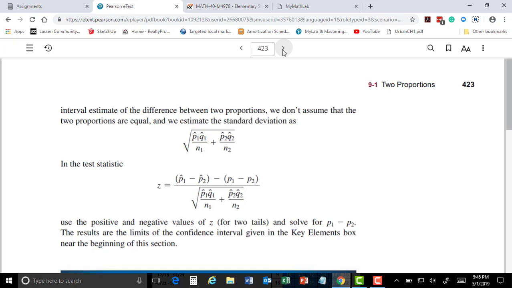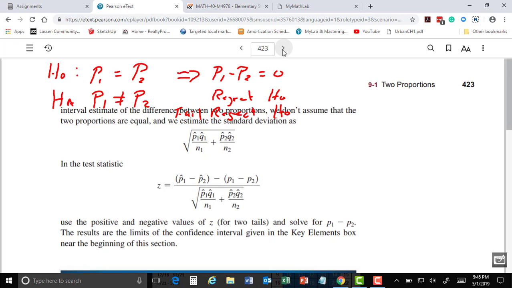If it were one sample, like what you know already, this would be gone, this would be gone, and all we have is, well, we have nothing with 2 in it. Okay, this is the test statistic for one variable, one sample.